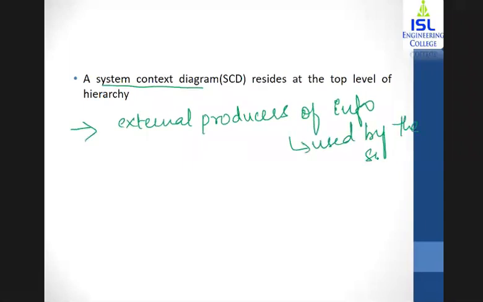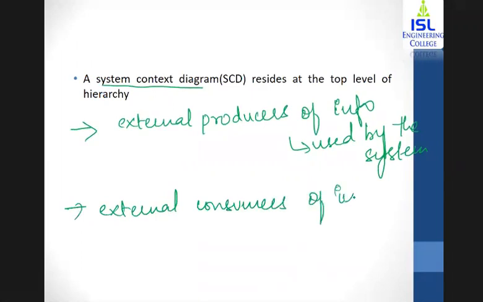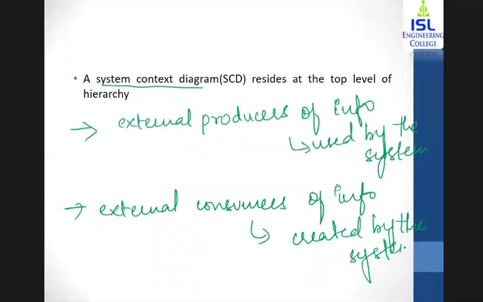Then you're going to have the external consumers of information. These external consumers of information are the ones that are created by the system. So this system context diagram defines two things: the external producers and the external consumers.